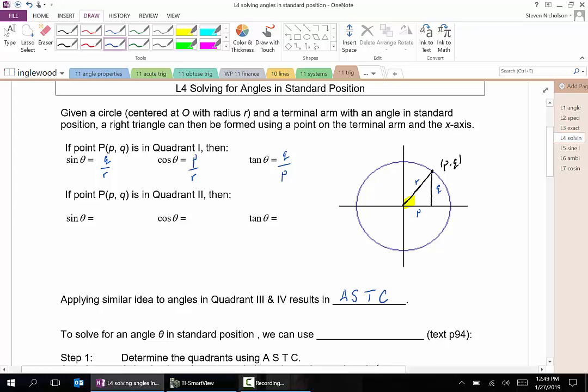If we're going to locate the values P, Q in the second quadrant, so invariably we're reflecting like we did in the very first lesson, it'd be really important to realize the x coordinate would be negative: negative p comma q. But in looking at these values, that's what we would have.